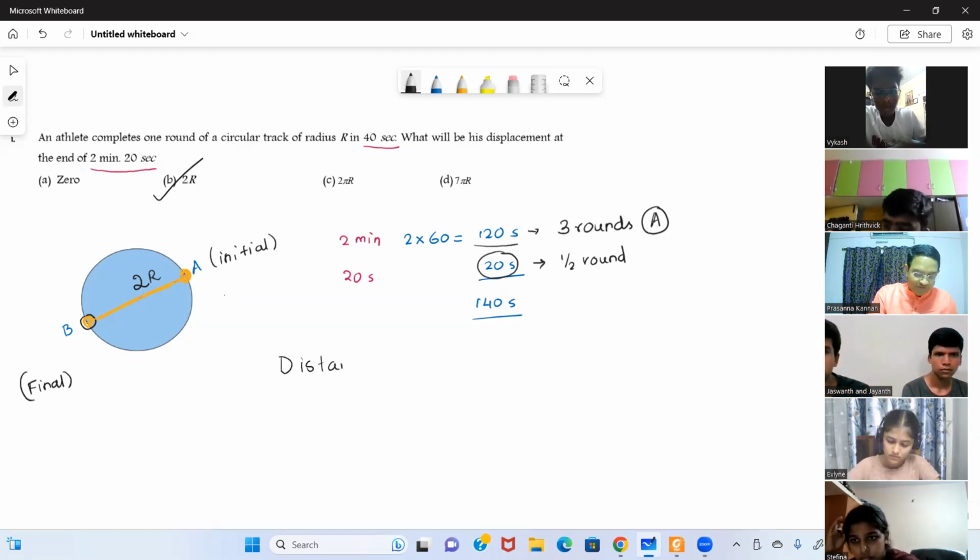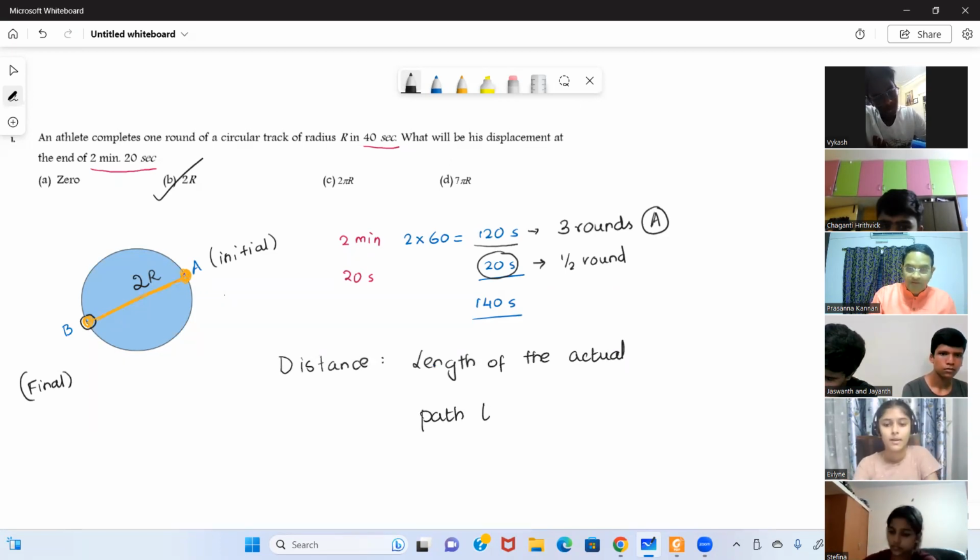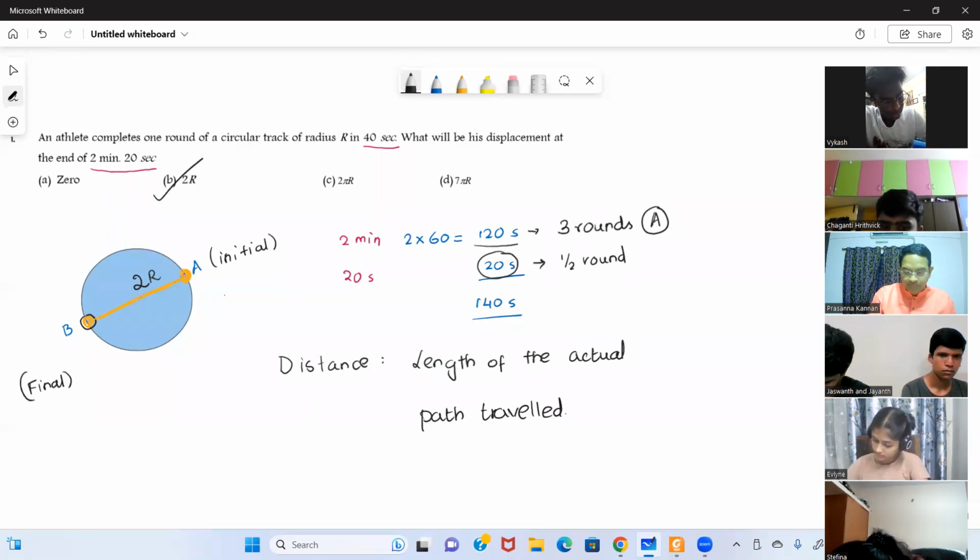What is the definition of distance, students? Distance is nothing but the length of the actual path traveled. Could you tell me, anybody?